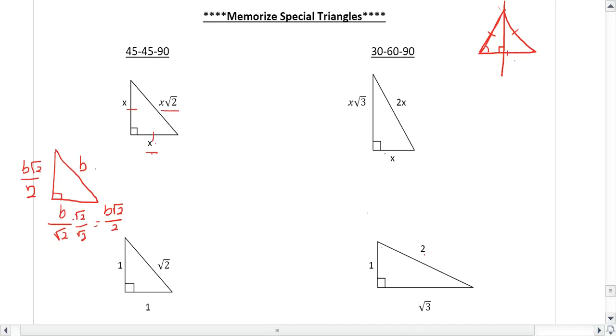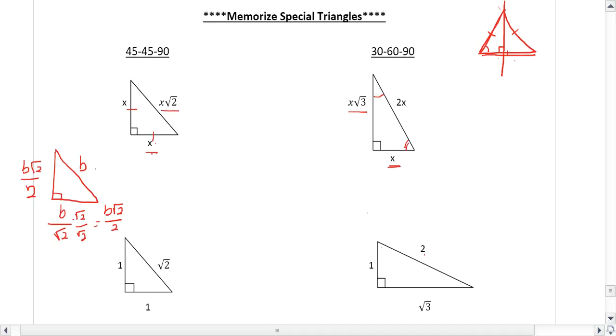That's why this side, which I will call the short leg, is the leg across from the small angle, the 30. The long leg is this one across from the 60-degree angle. So because we cut this side in half, the short leg is always half the hypotenuse in a 30, 60, 90.